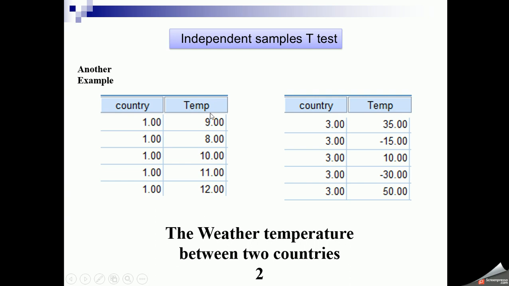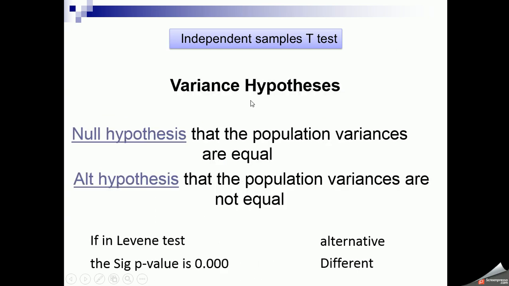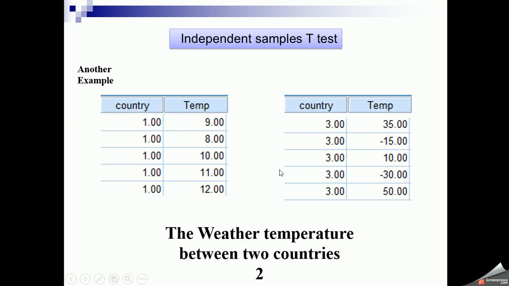Therefore, it gives us the result for the variance and for the sample. So if we see the hypothesis here, the null hypothesis says that the population variances are equal, so there's no difference between the two variances.